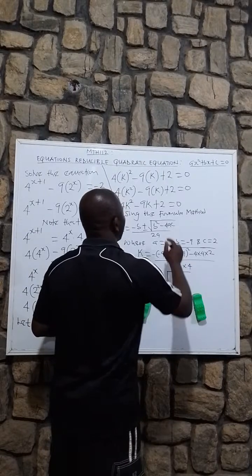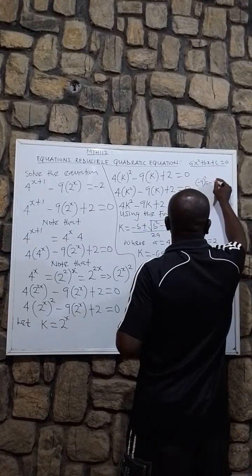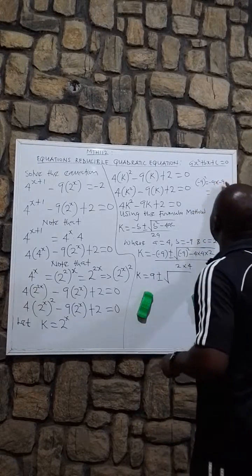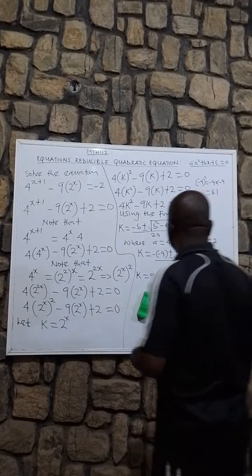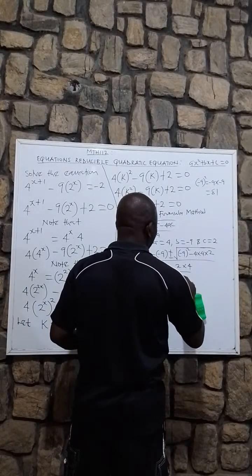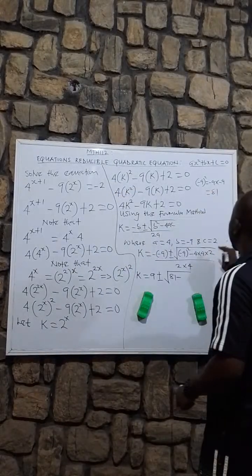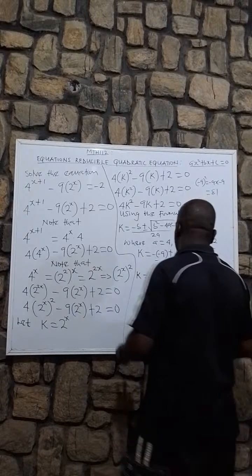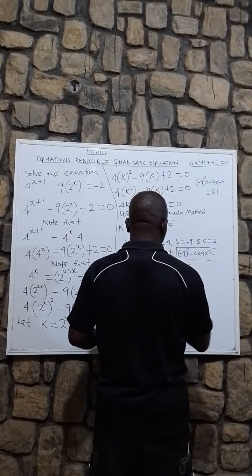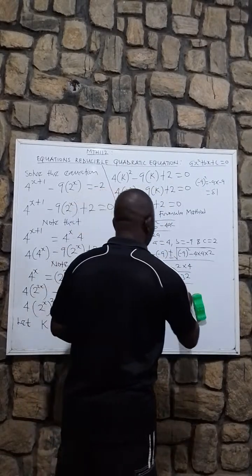Then minus 9 all in square means minus 9 times minus 9, minus times minus is plus, 9 times 9 is 81, right? Yeah. So here is 81, then minus 4 times 4, 16 times 2, 32, right? 32, then all over 2 times 4, 8, right?